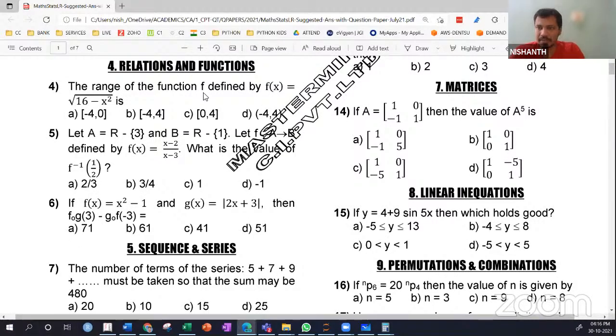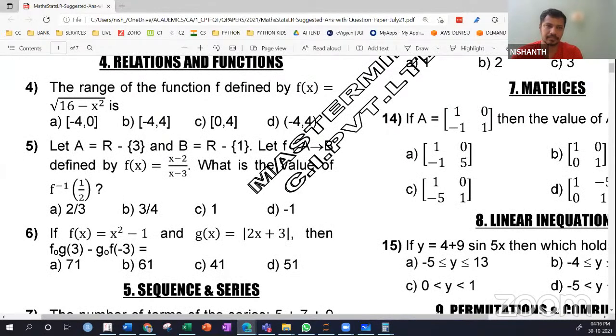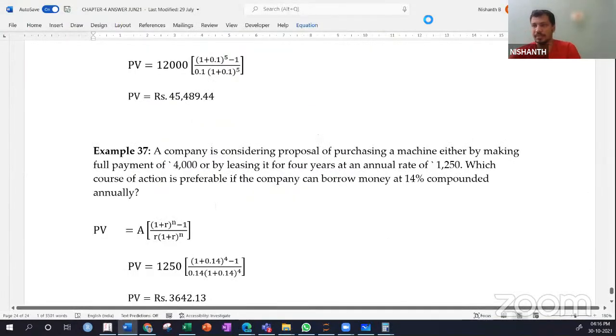See, first one, the range of the function f is defined is what? So have we solved this problem earlier? Fourth one. Let one say it, sir.